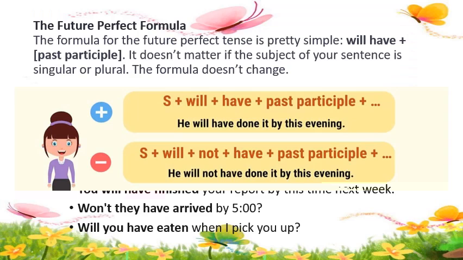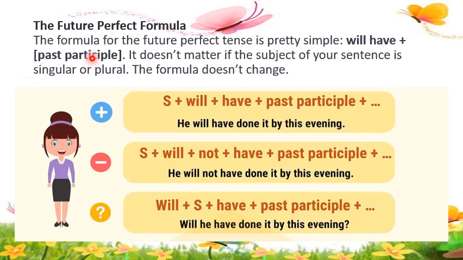Let's see the formula of future perfect tense. The formula for future perfect tense is pretty simple. We use will have plus past participle form in this tense. It doesn't matter if the subject of your sentence is singular or plural. The formula does not change.